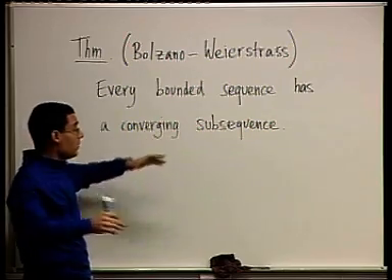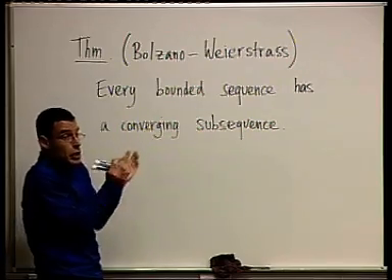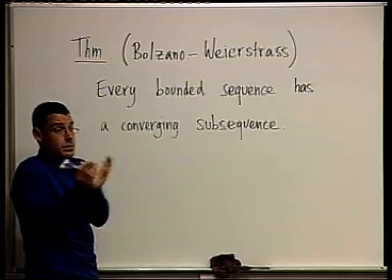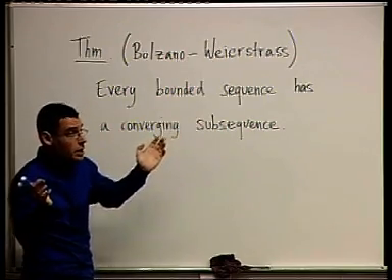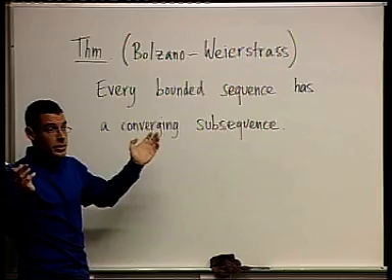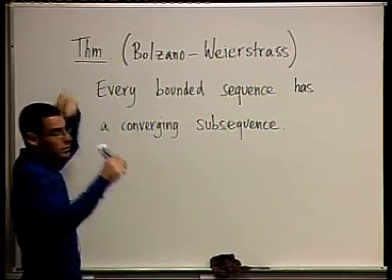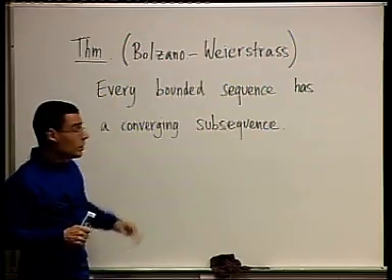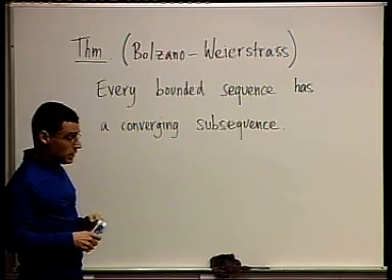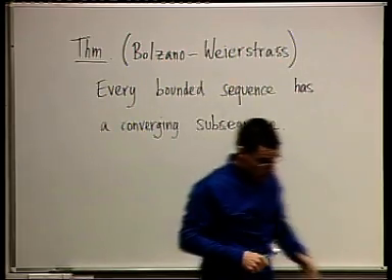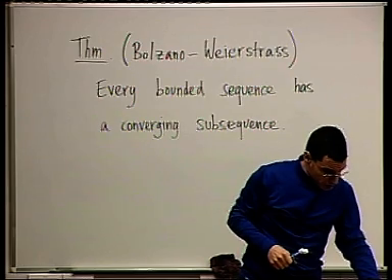Even when there are apparently no sequences involved in theorems about functions or integrals, suddenly there's going to be a statement by Bolzano-Weierstrass. So that's this statement, and we still have a bit more to say about sequences.